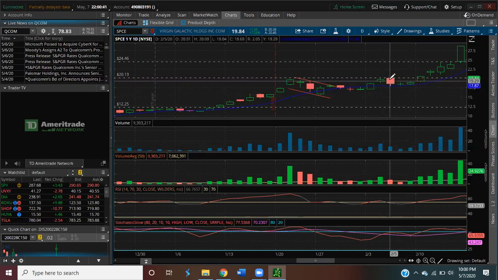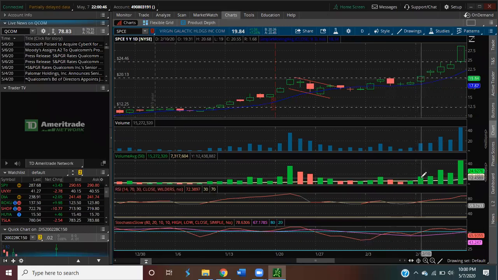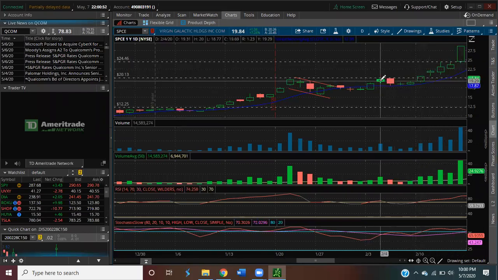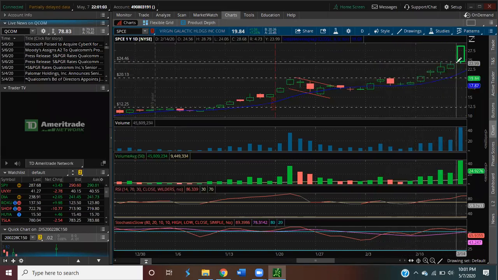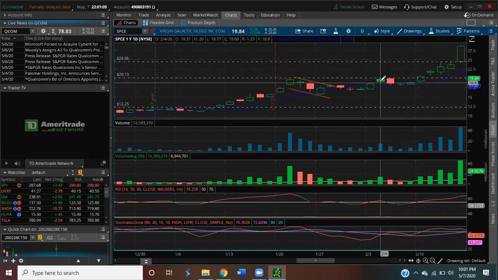You can see the next day it came back down, and it retested it again a couple days later with almost the same amount of volume. So, and it pushed up from that point. So honestly, if somebody would have got in here, this still would have been a good entry for a swing trade, because it only took a couple days for it to really start taking off. Got it.